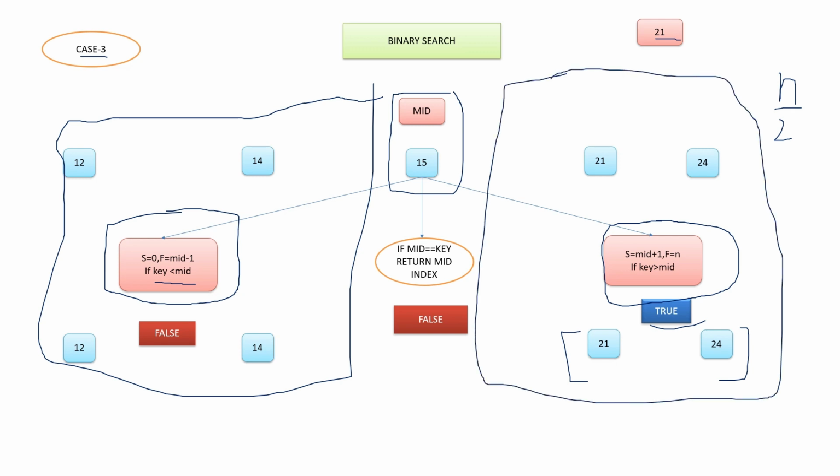It means that the time complexity of each step will go from n to n by 2. We are not traversing the whole array. And there is also a case where we find that the mid element is our key. So this is the best case for our binary search. So that's it. Now we have to code how we create our binary search function.